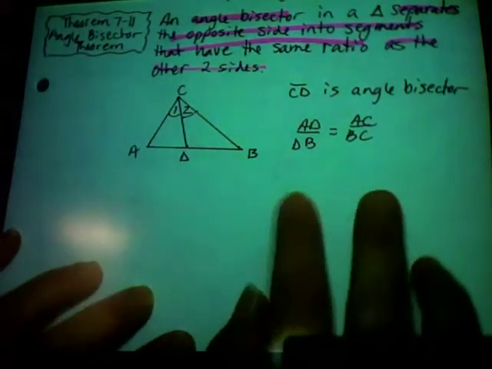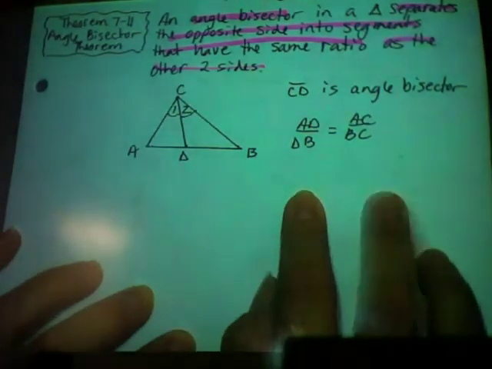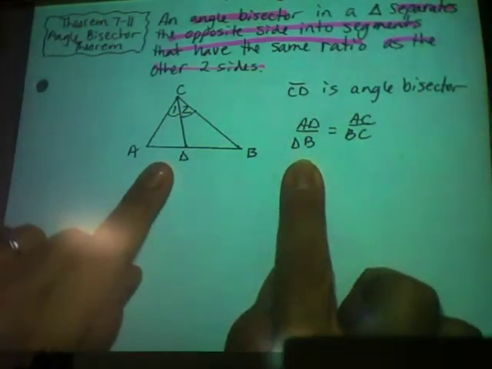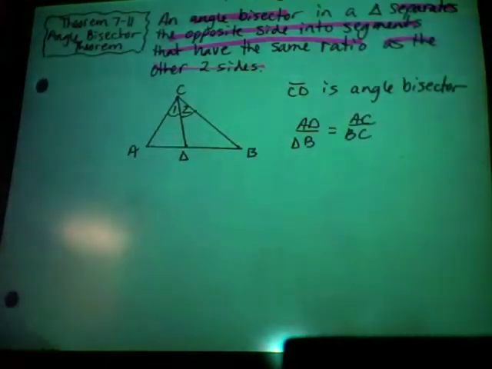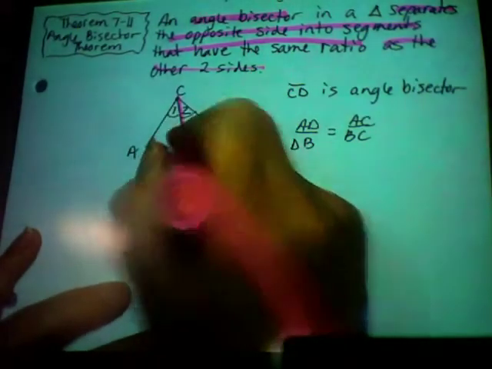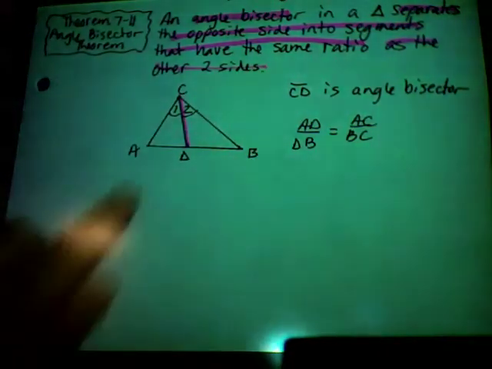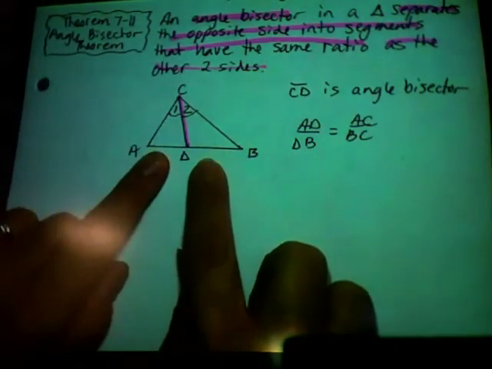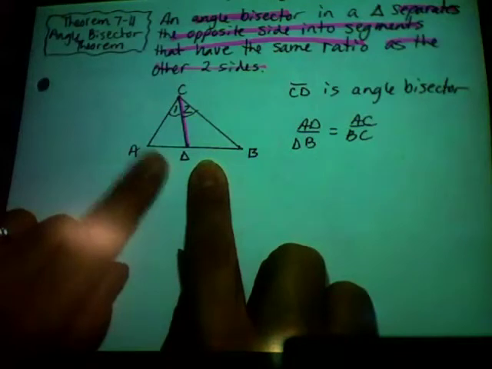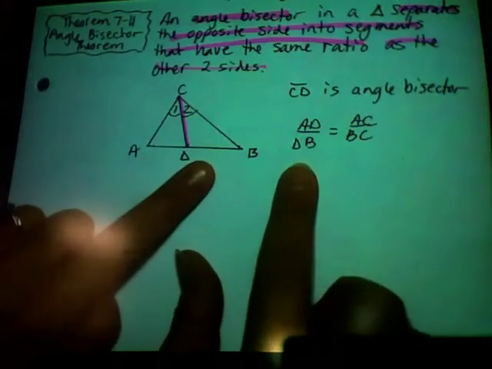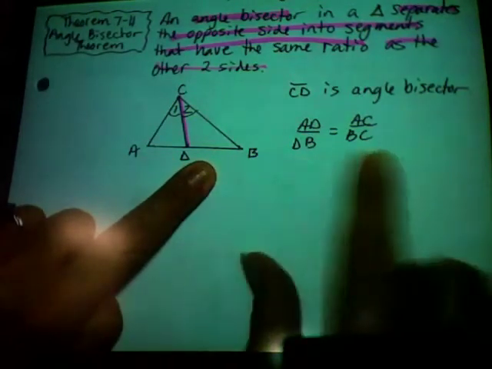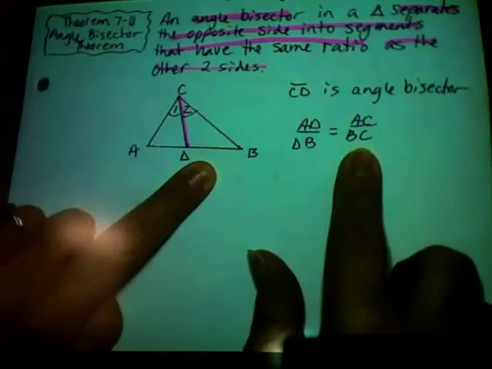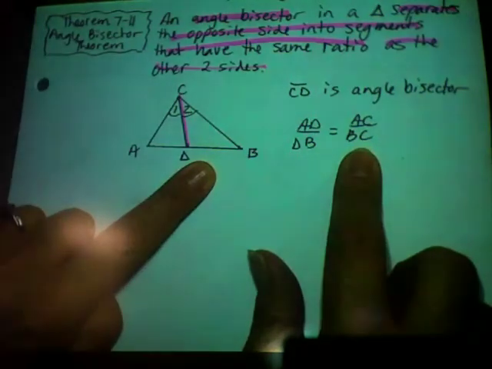So I've got a proportion here for you. AD, so here's your angle bisector right here. AD is one of the sides, it takes this whole big side of the triangle and breaks it into two pieces. So all this is saying is that AD is proportional to DB, and the other ratio that you can put over here would be one side from one triangle, one side from the other triangle.